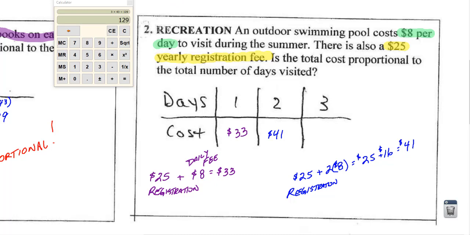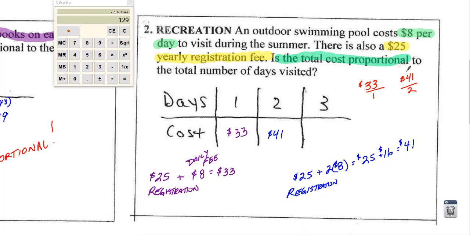Now the question they're asking me is, is this proportional? Is the cost proportional? And the answer is no, it's not, because of that fee. As soon as you put that fee in, it stops being proportional, because it's now $33 for one day, but $41 for 2.